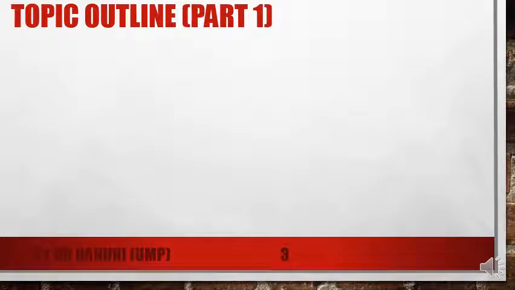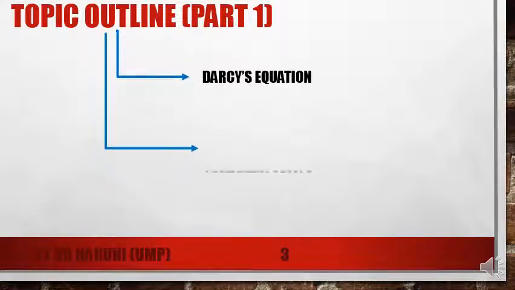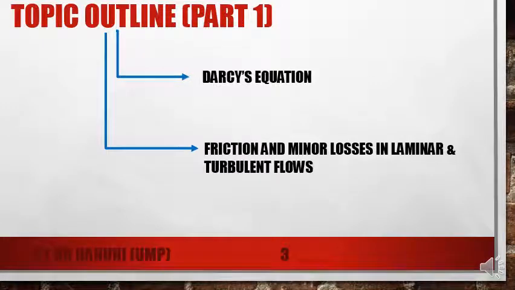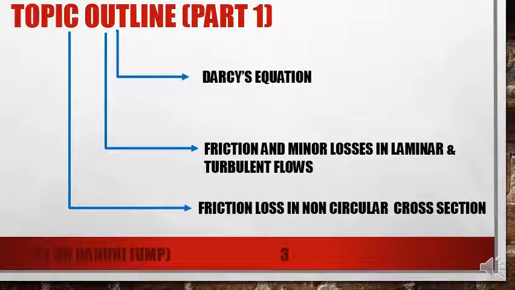Well, this is the outline which we're going to cover in this chapter. The first part is we will cover Darcy's equation. And then we will proceed with the calculation to determine the friction and minor losses in two different cases, which are laminar and turbulent flows. And we will also cover how to determine the friction loss in a non-circular section.